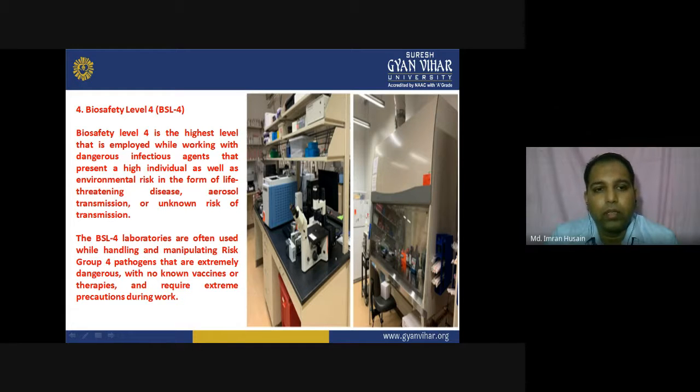The BSL-4 laboratories are often used while handling and manipulating risk group 4 pathogens like the COVID virus, with no known vaccine or therapies, because earlier there was nothing our scientific community was aware of. Okay, nobody knew what its pathogenic abilities were, what the routes of infection were, and how it should be treated.